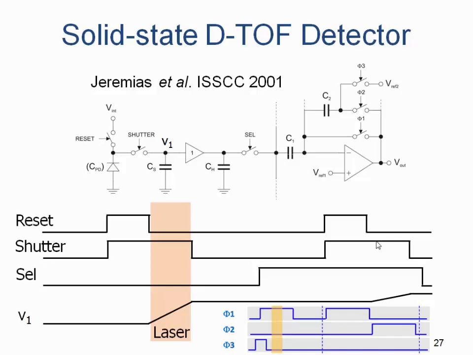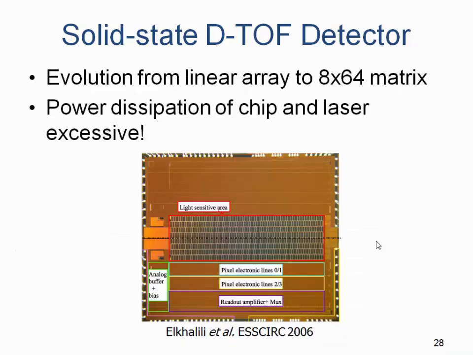So this way you have the presence and the absence of the laser, and in both cases you can actually get the signal with and without the light, and therefore you can subtract the two and obtain a background-free detection. This is the chip that they designed, which ultimately led to a chip that has 8 by 64 pixels. And the question is why they didn't go beyond the 8 by 64.